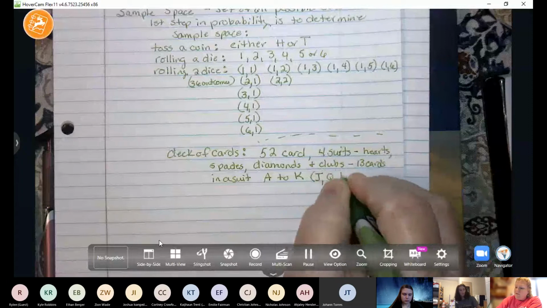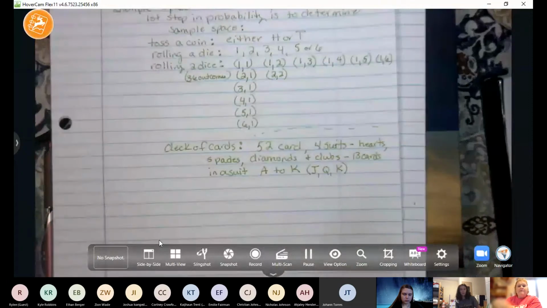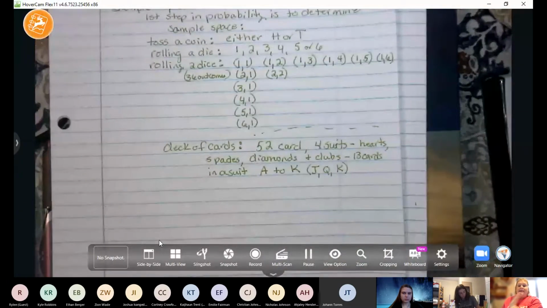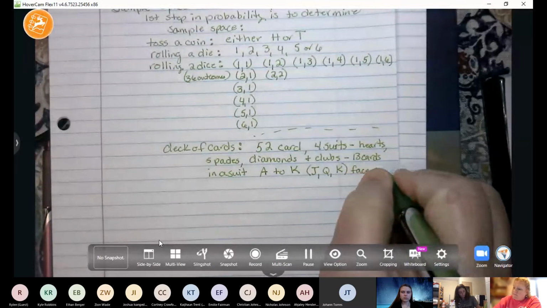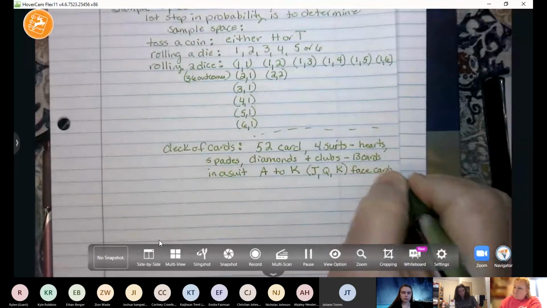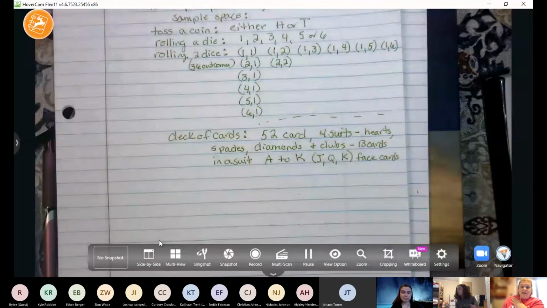For some of you who may not know that, jack, queen, king are considered your face cards. So a question in probability might be, what's the probability of drawing a face card? You would need to know which ones are your face cards.